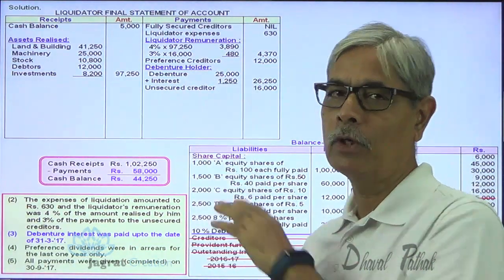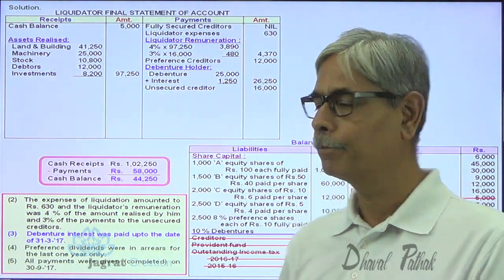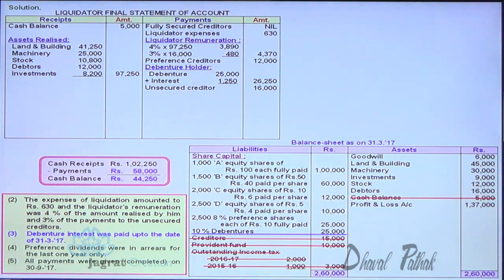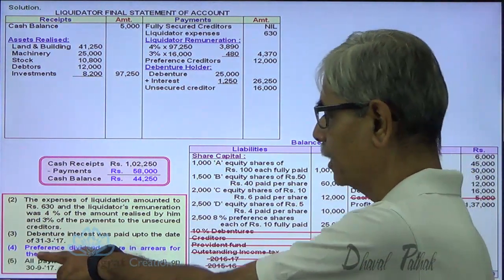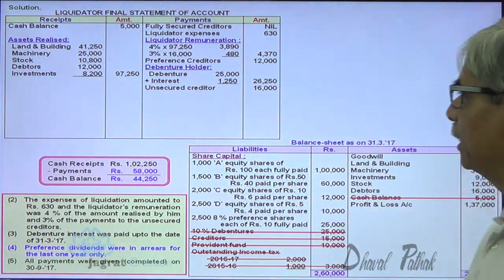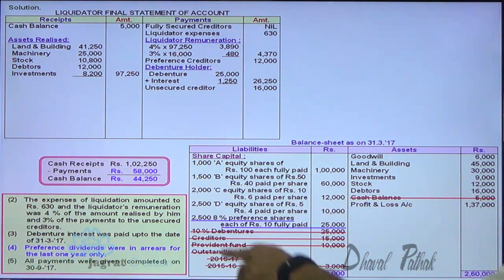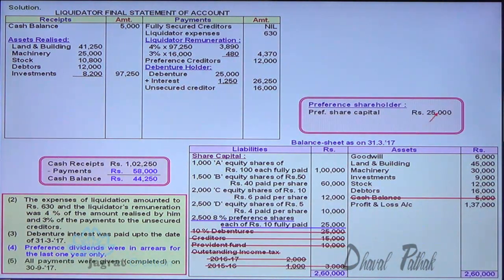After making payment to debenture holders and unsecured creditors, I should pay preference shareholders if at all they are there. So preference share capital 25,000. Preference dividend were in arrears for the last 1 year. So from these available funds I should pay preference share capital with arrears of dividend.